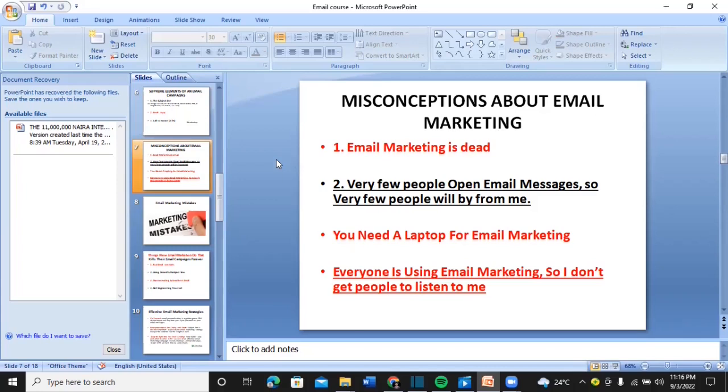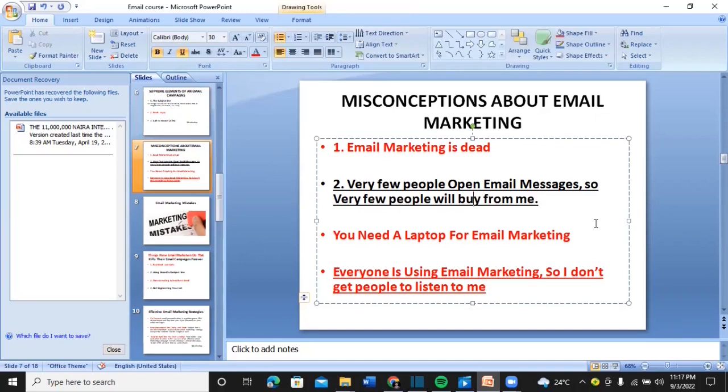The number two misconception is that many believe that very few people open email messages, so very few people will buy from them. Now, this is another big misconception. If you have the people, your target audience, right, then this should not be part of your thoughts even.